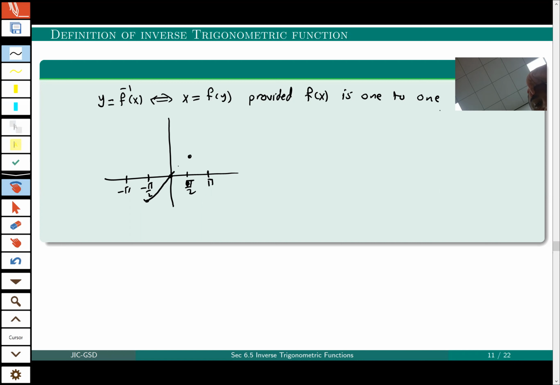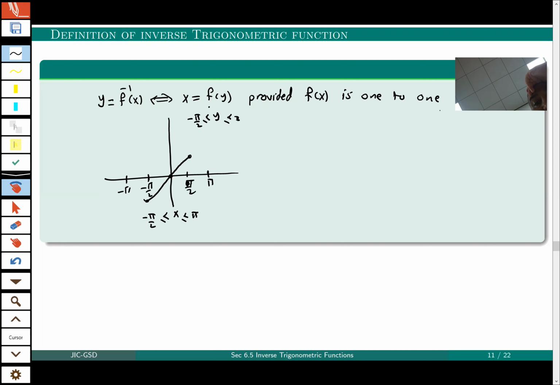Only this part of the graph will be taken, so x should be between minus pi over 2 and pi over 2 for the function. But when we change x to y, x is replaced by y, so we say y should be between minus pi over 2 and pi over 2.